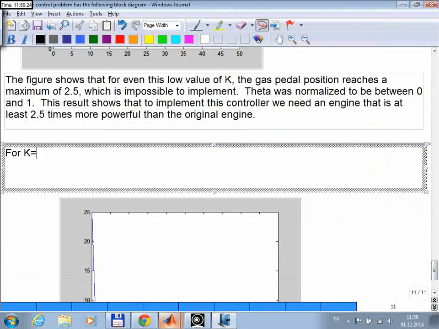For k equal to 1, the peak gas pedal position is 25.